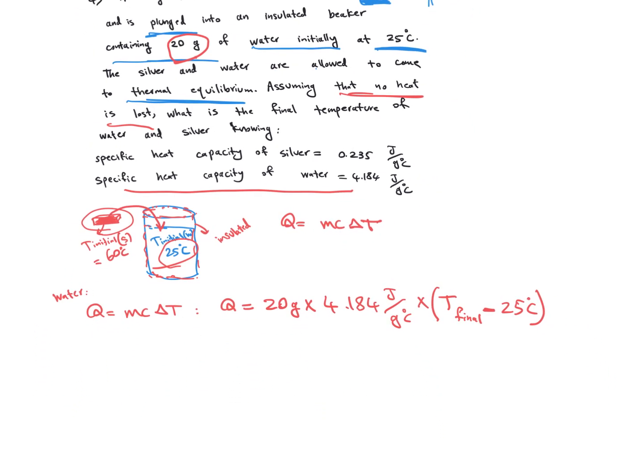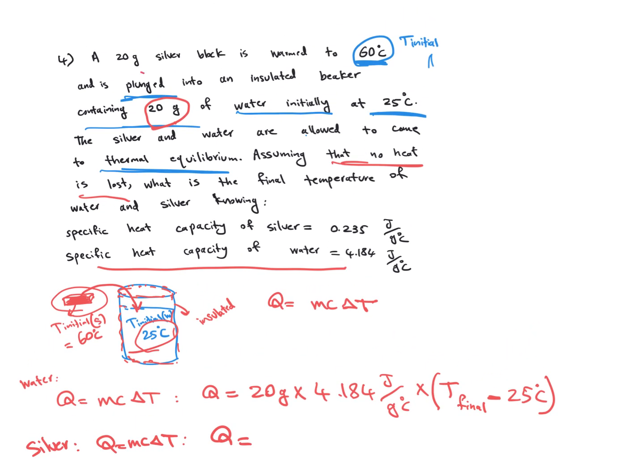And I can write the same thing for the silver block, right? So if I write that again, Q equals mc delta T. Q, I don't know what Q is yet, right? And what is the grams of silver?